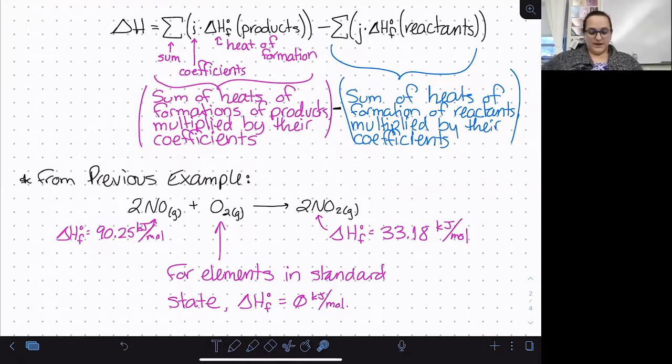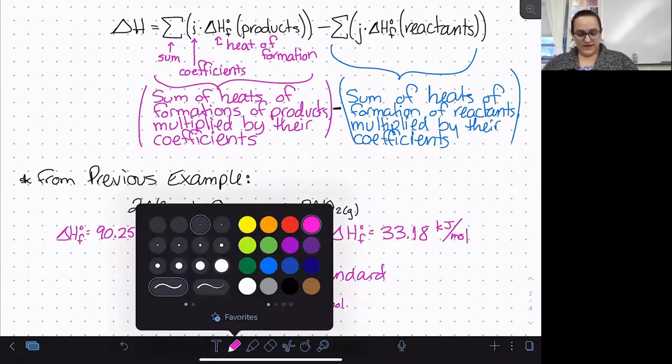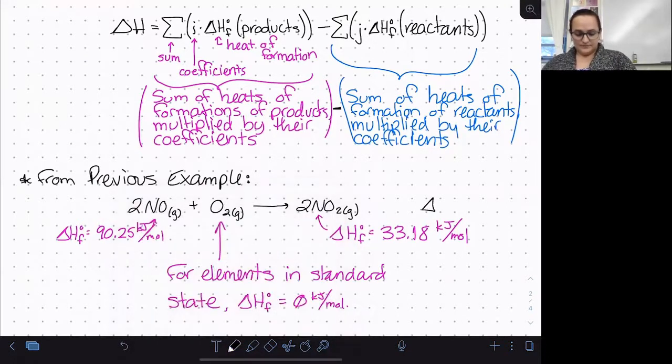So you don't need to be given that information. If we want to calculate delta H for this process, we did it above the Hess's law way from the last video, but we can also just apply this formula, since we are working with heat of formation and formation reactions for all of our steps in that Hess's law process. So finding our delta H, we want to start on the product side.